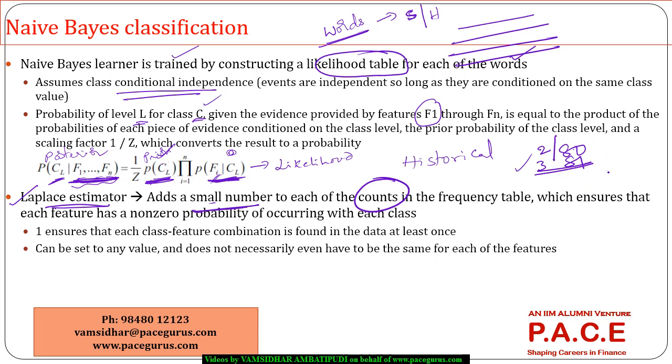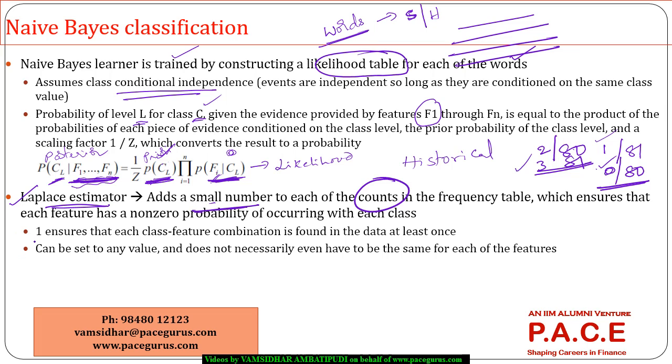Because even if 0 out of 80 spam mails contained a particular word, instead of putting it as 0 and finally saying the probability is 0, it will take it as 1 out of 81, which means it will add 1 to each of the counts, so that the overall multiplication of the probabilities does not end up as 0.